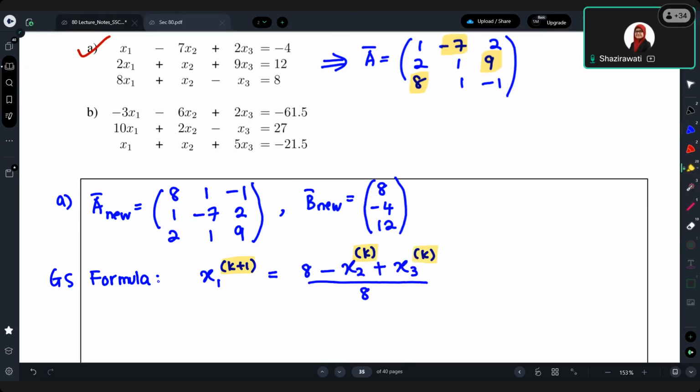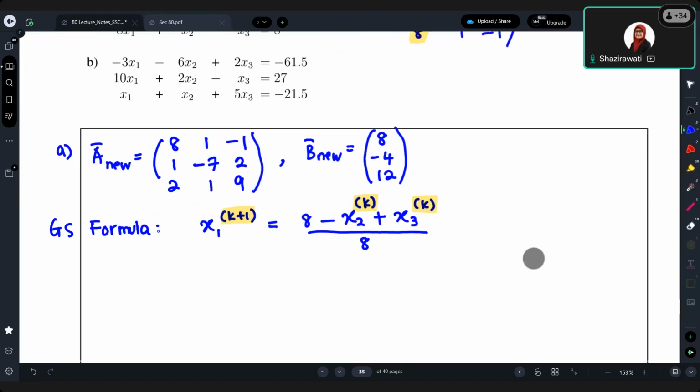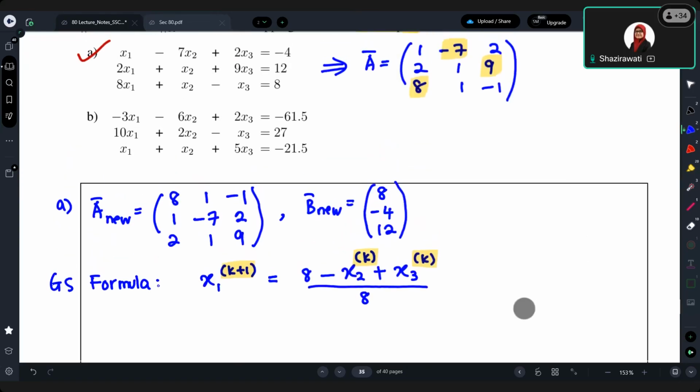Okay? Macam tu. Equation number 2 comes from equation number 2. Equation number 2 yang ini, kalau you tak berapa nampak in terms of matrix, you refer lah pada equation yang saya highlight tu. Itu equation yang kedua in your system. And then take out x2 from there.